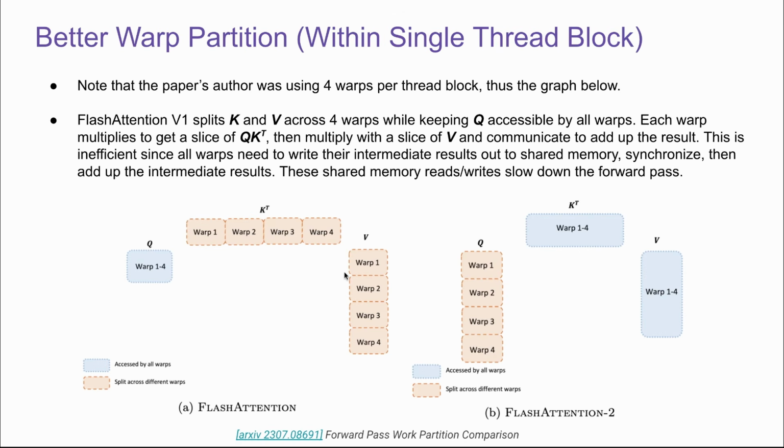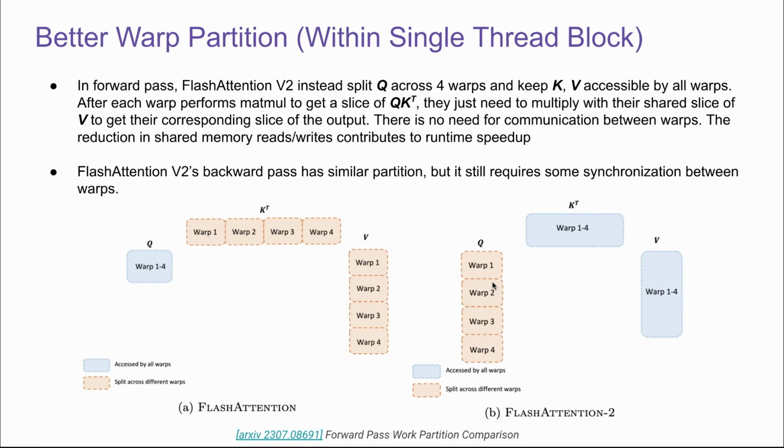This is within a single thread block, while keeping Q accessible by all warps. Each warp multiplies to get a slice of QK^T, then multiplies with a slice of V, and communicates to add up the result. This is inefficient since all warps need to write their intermediate results out to the shared memory, synchronize and add up the intermediate results. These shared memory writes slow down the forward pass.